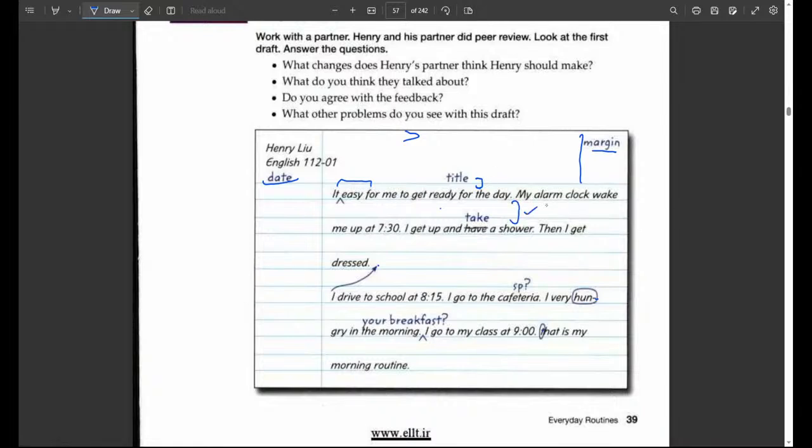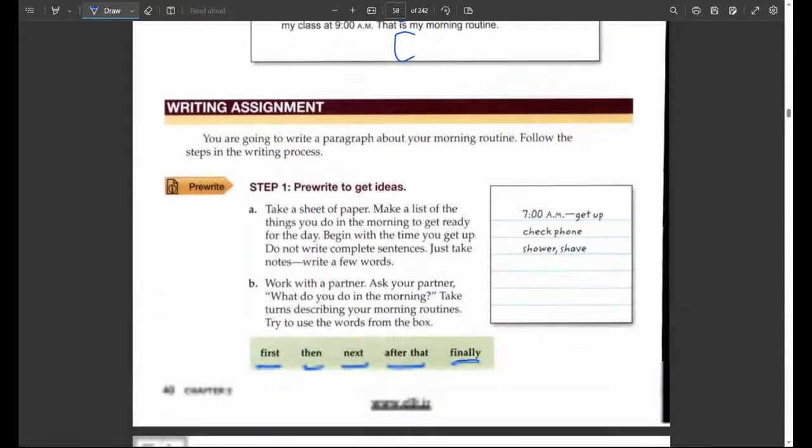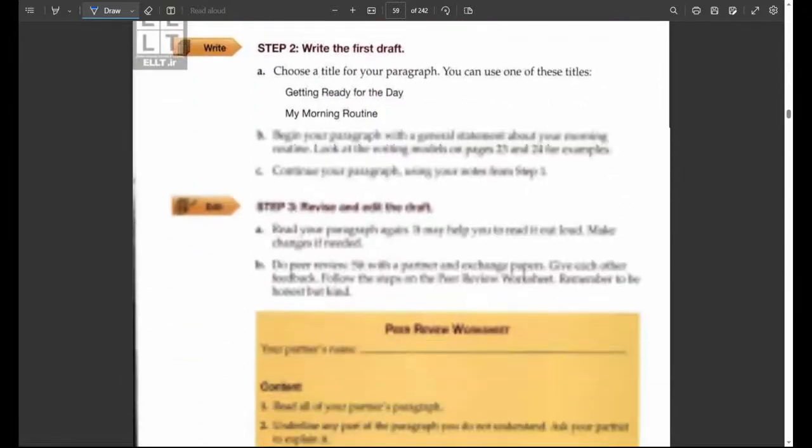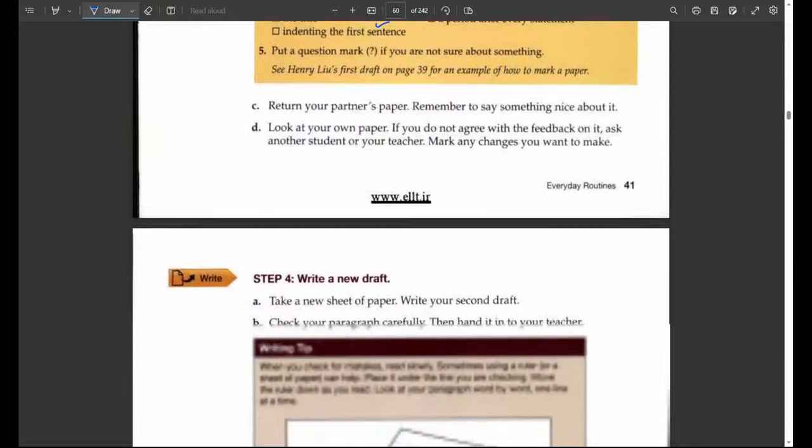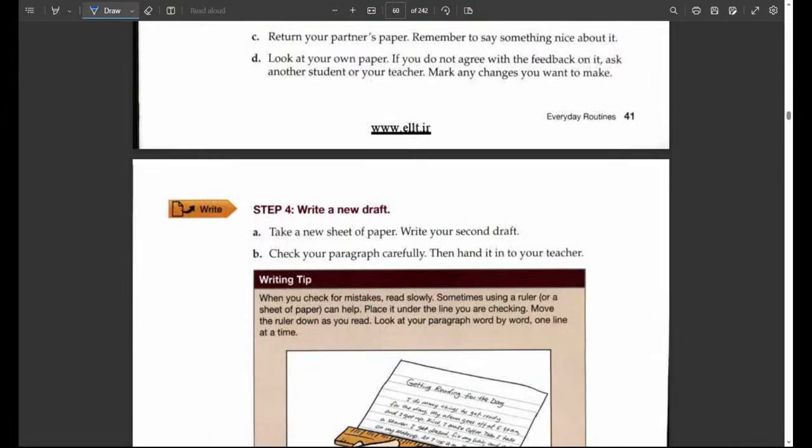This spacing is right. This is right. This should have been written here, and this one here. This should have been written date there, and those things. That's how you can check your partner's written work.